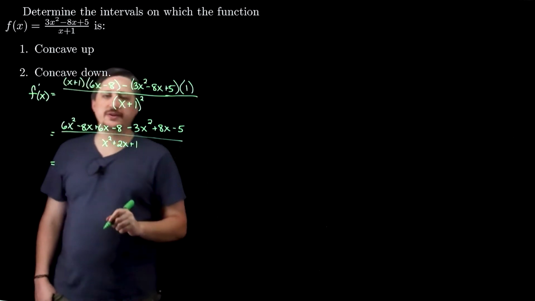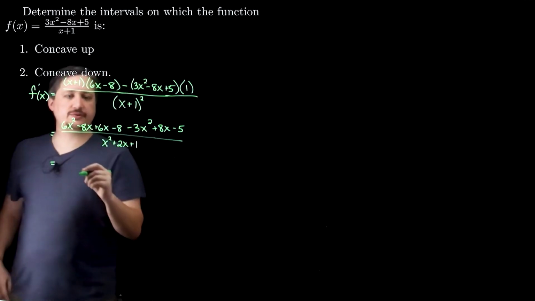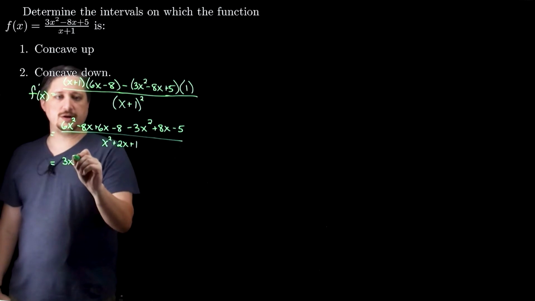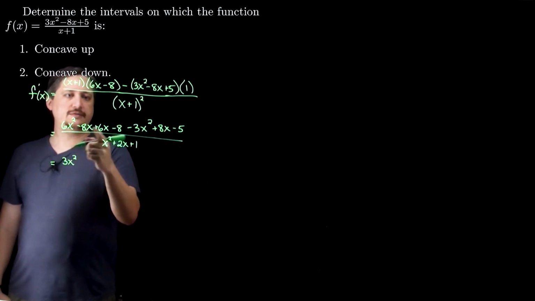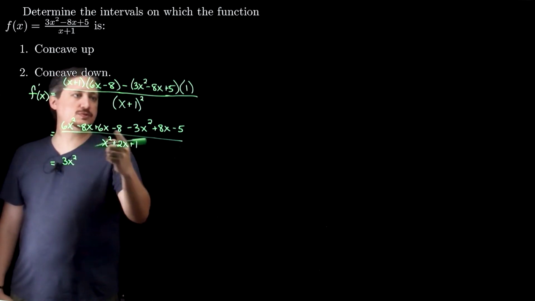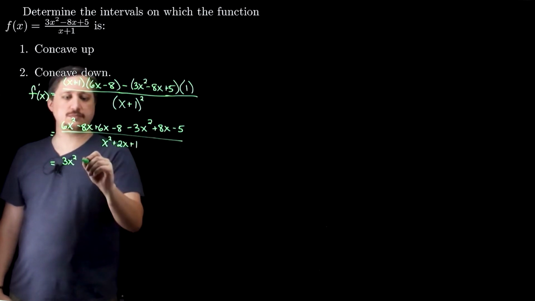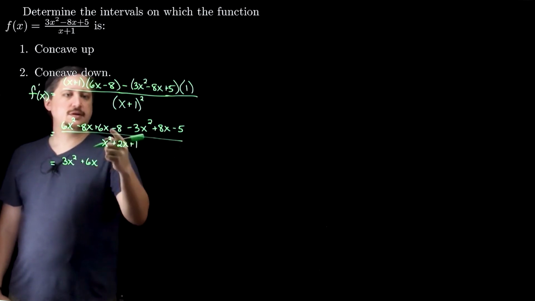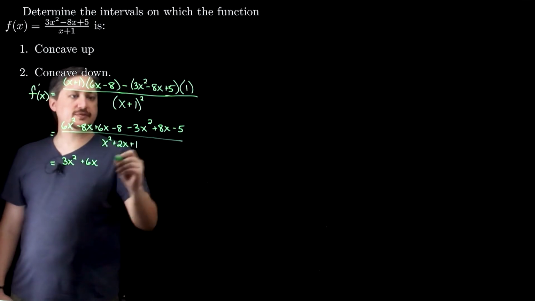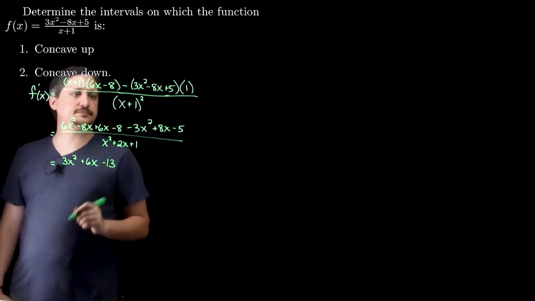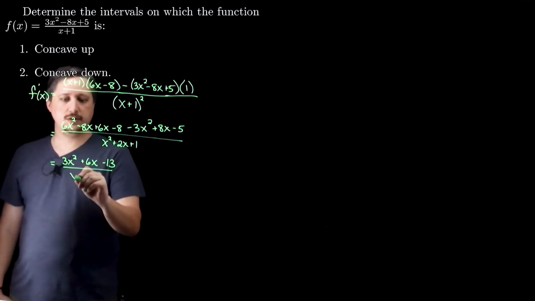And combining like terms now, I get 6x squared minus 3x squared, that's going to be 3x squared. Negative 8 plus 6, that's negative 2, plus another 8, so that's going to be plus 6x. And then minus 8 minus 5, so that's minus 13 over x squared plus 2x plus 1.